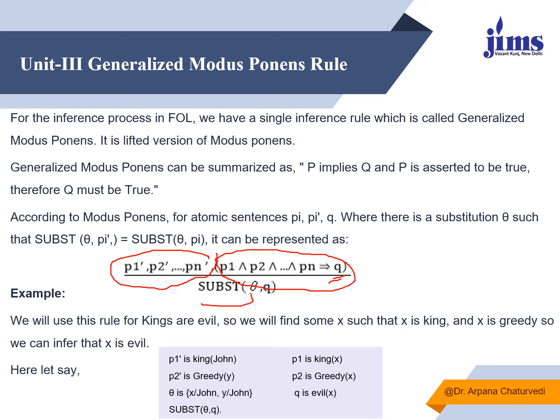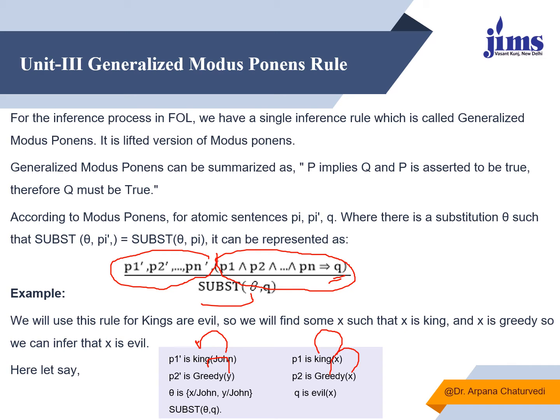For example, P1' is a predicate where we say John is a king, and P1 is a predicate where it says x is a king. P2' is a predicate which says Y is greedy, and P2 is a predicate wherein it says x is greedy.